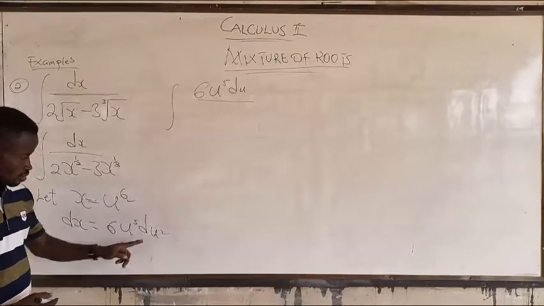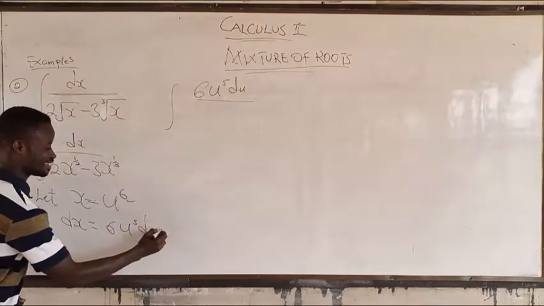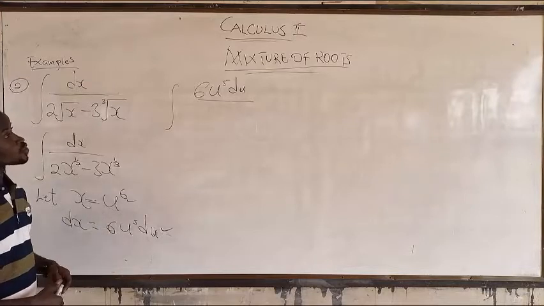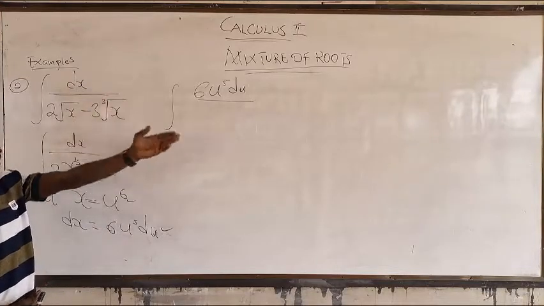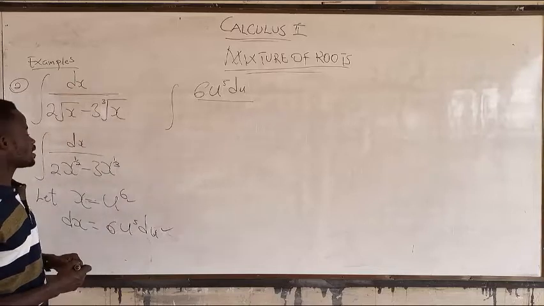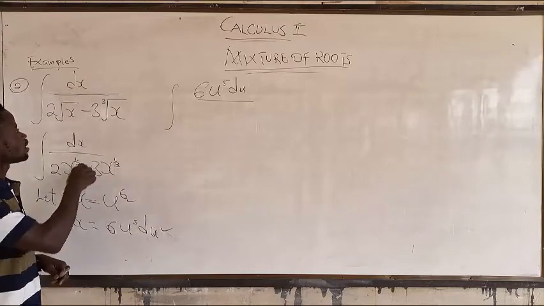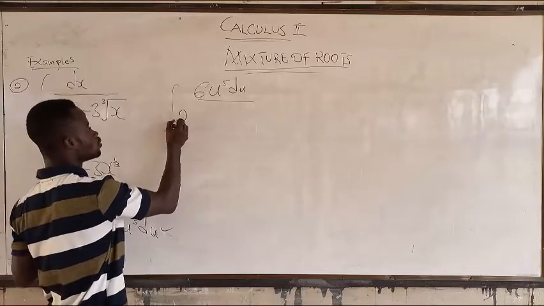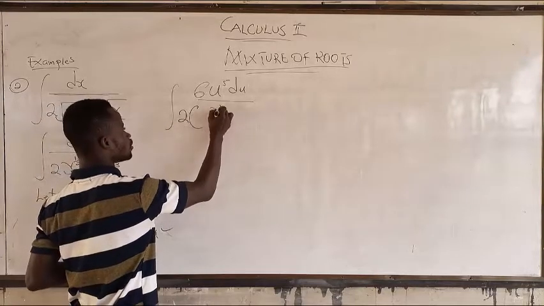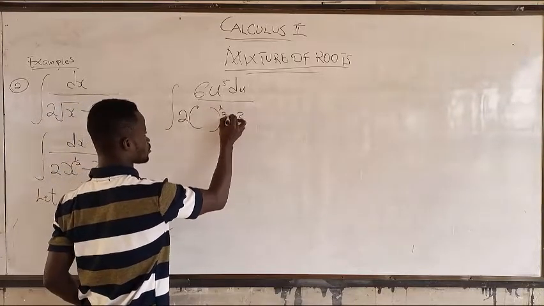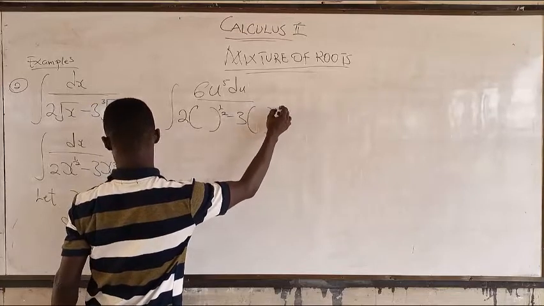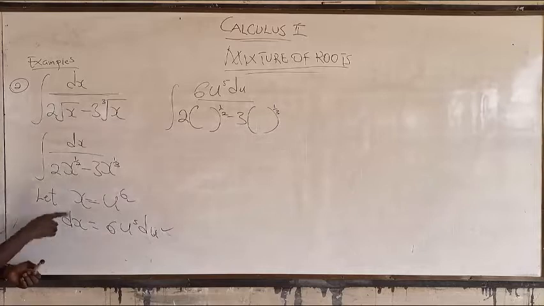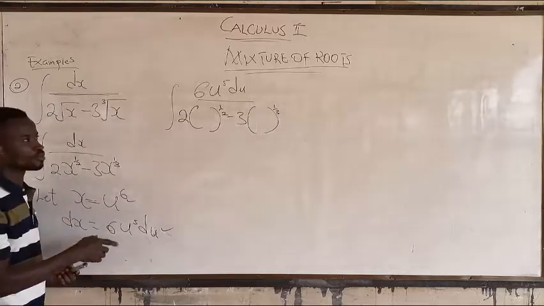Alright, so we are doing substitution of this and this. We have dx here to be that, and then we go into the substitution. Now we know that the x we have here is u raised to the power 6.